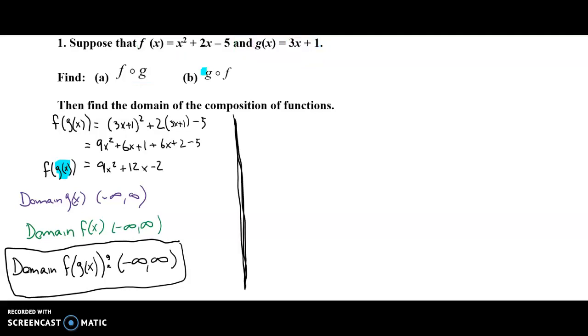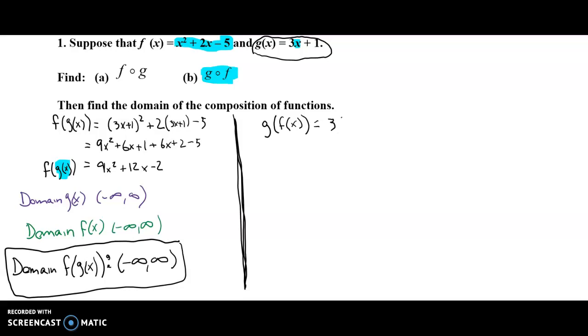Now we'll complete part B by finding g of f. To find g of f, we are going to take our function 3x plus 1 equals g of x, and any time that we see an x, we're going to replace it with x squared plus 2x minus 5, which is what f of x represents. So let's go ahead and do that.